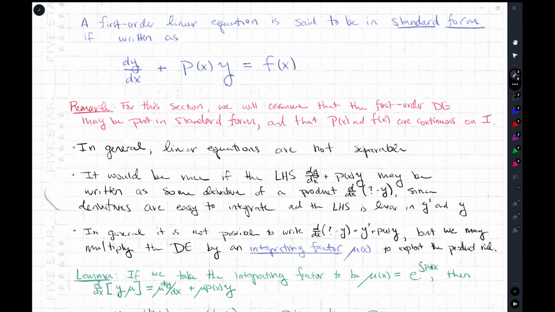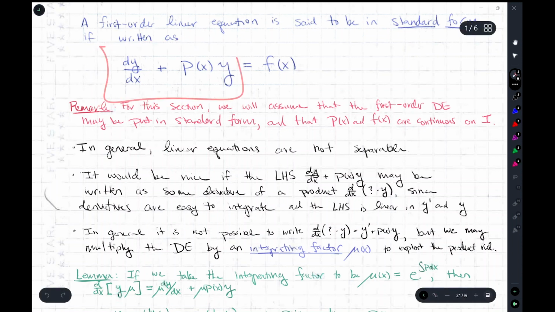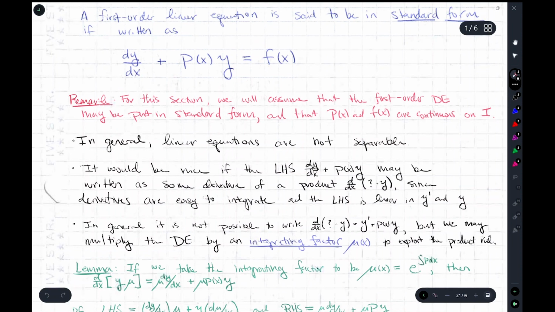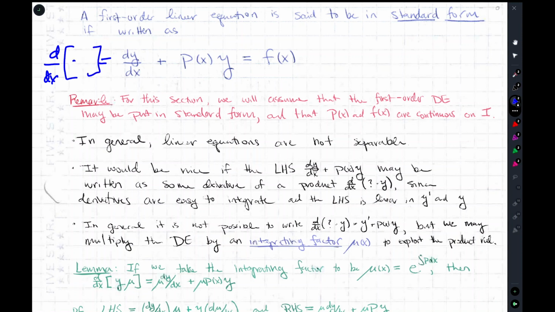If you have a product of y with another function of x, then the derivative of one function times the other plus the derivative of the other function times the former suggests that we could use the product rule to put this left-hand side in a more convenient way. But in general, we couldn't write this as a derivative of a product of two functions.